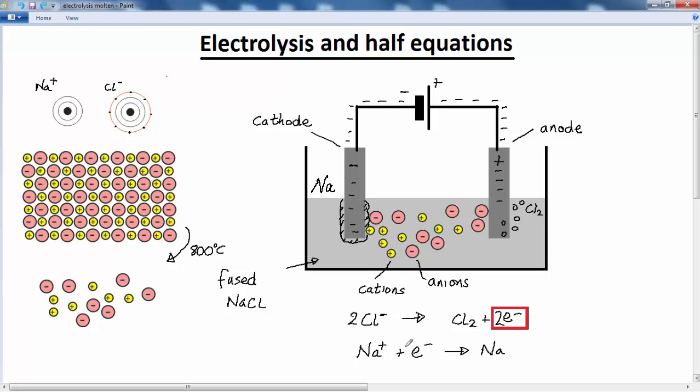So we're going to have to put a 2 here, so that we've got 2 electrons being donated and 2 electrons being picked up. And if we put a 2 here, then we've also got to put a 2 here and a 2 here, so that that equation is balanced. So these are called the half equations for the electrolysis of sodium chloride.